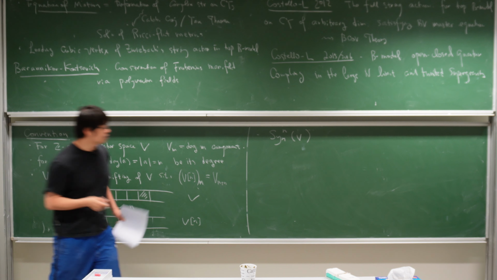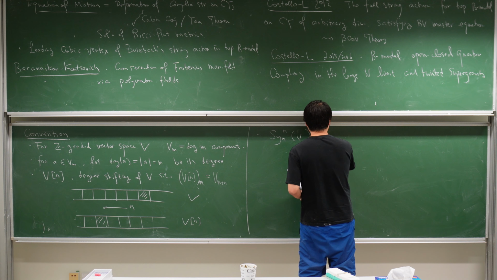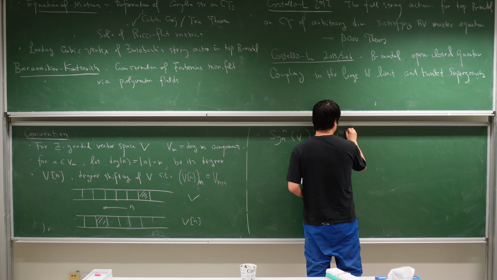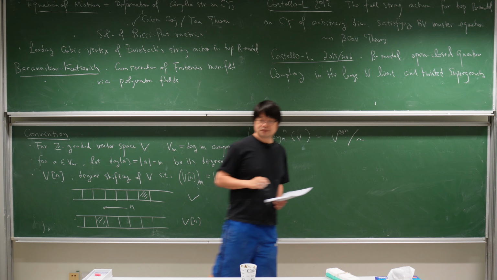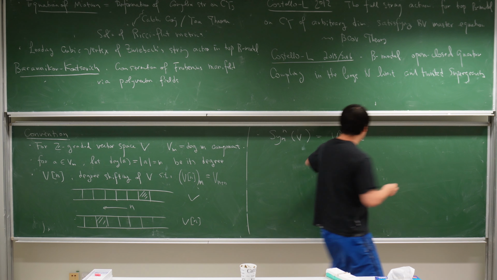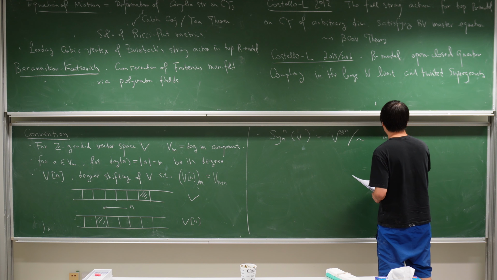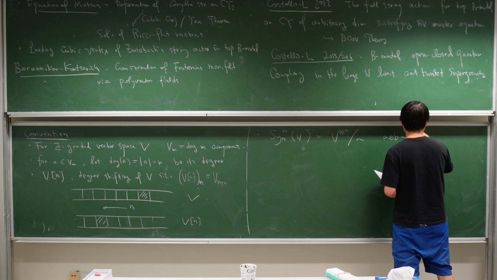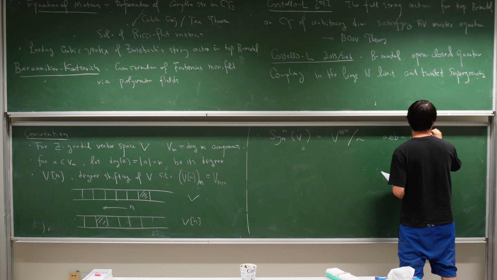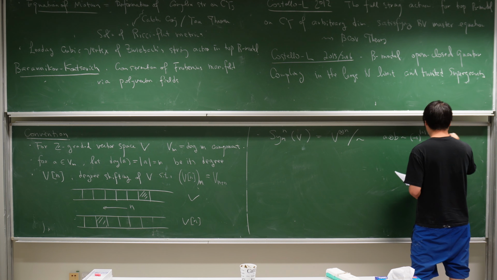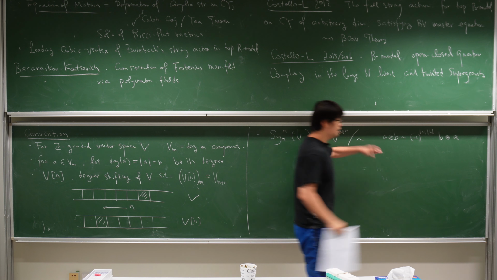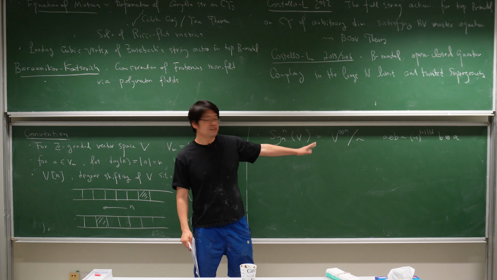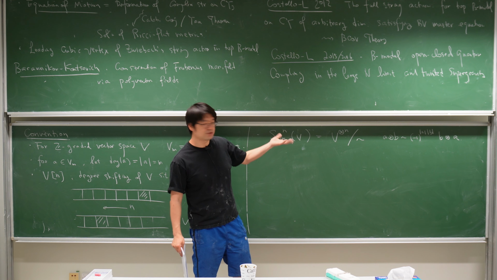This means the n-th tensor power quotient by this equivalence relation: A tensor B is equivalent to some sign, the Koszul sign, times B tensor A. If both A and B are of even degree, then this is the standard symmetric tensor.